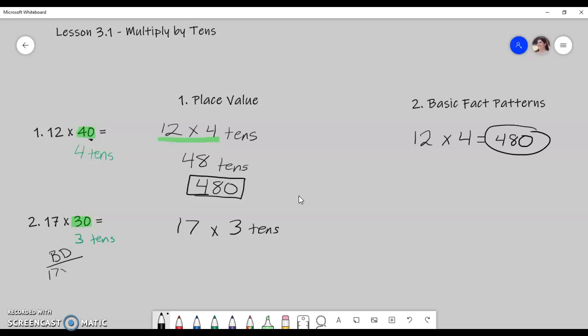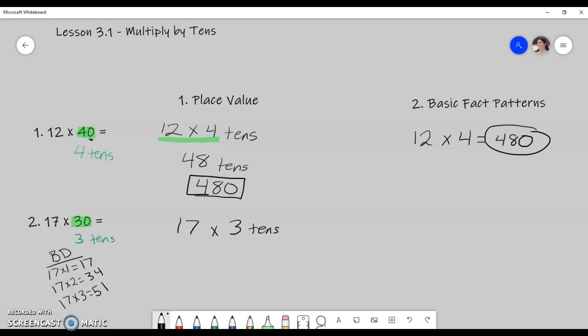So 17 times 1 is 17, absolutely. 17 times 2? 34? Yep, 34. Okay, so then that means 17 times 3. 51, absolutely.